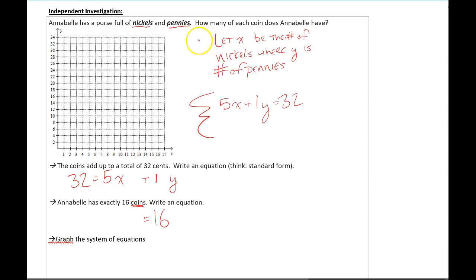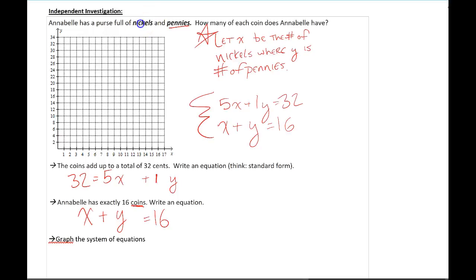And I realize up in my let statement, hopefully you're starting to see why these are valuable, that tells us number. So I just know that the number of nickels, x, plus the number of pennies, y, is equal to 16. So I now have a second equation: x plus y equals 16.